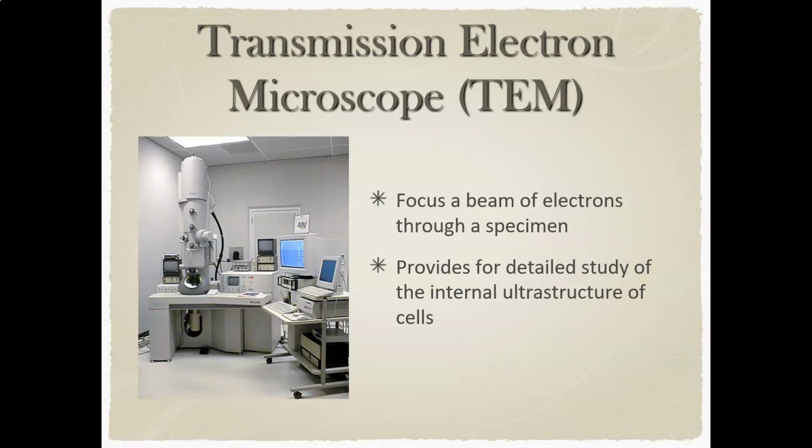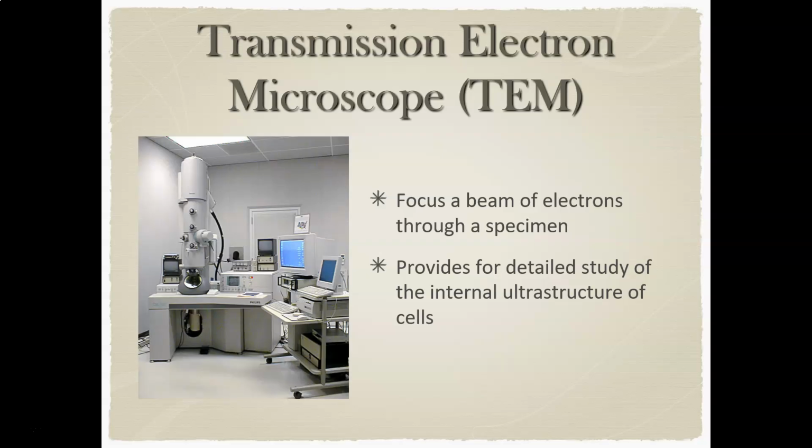A transmission electron microscope will focus the beam of electrons so that it goes straight through the specimen. So my specimen sits here, my collection plate is down here, electron beams go through that specimen, and I collect down here. It's sort of like standing up against a wall and having somebody throw a bunch of paintballs at you, and you get that outline, right? That's kind of what this does.